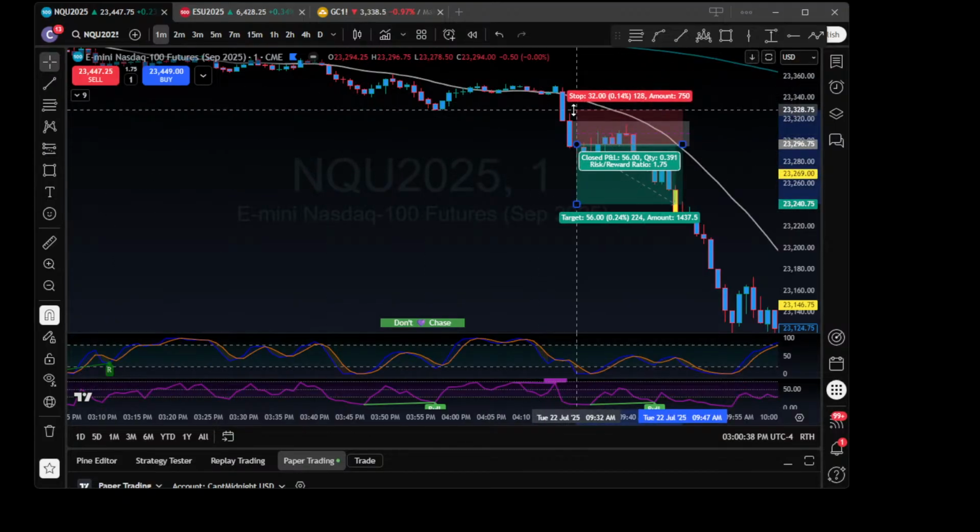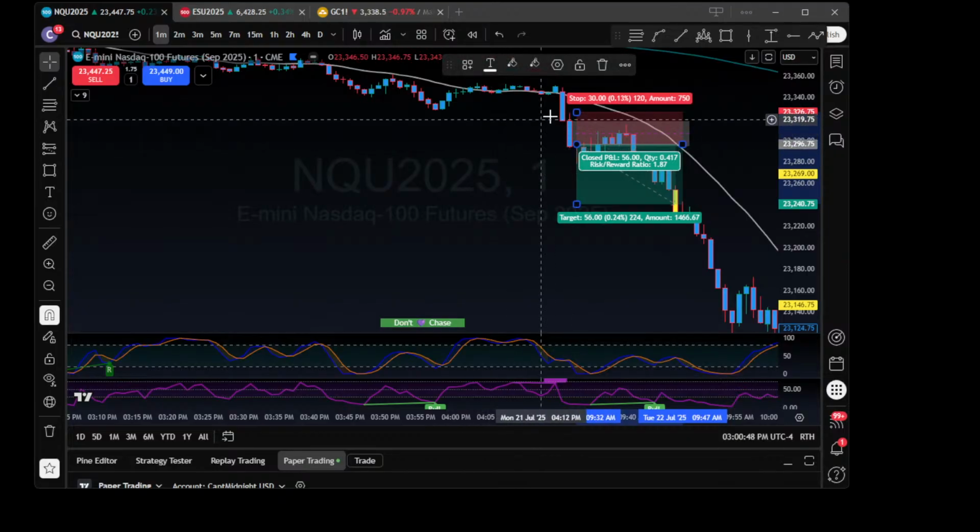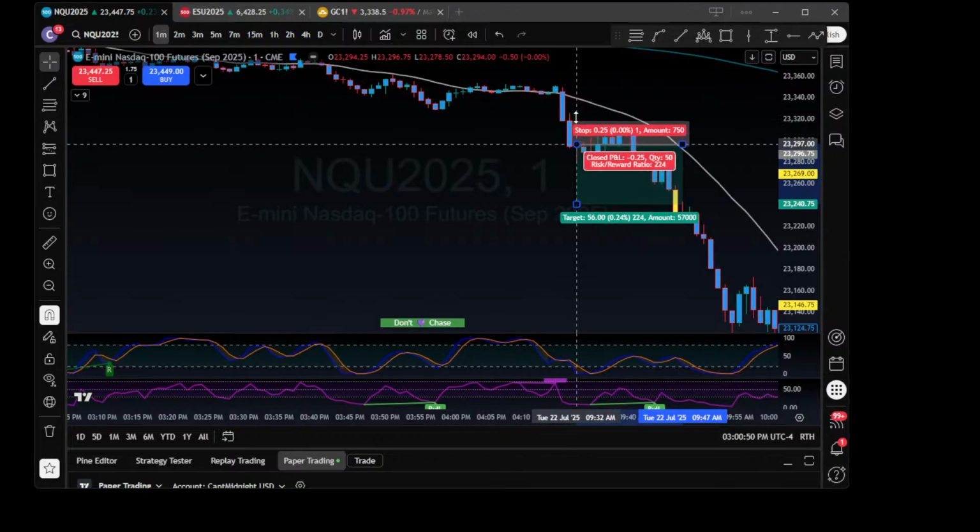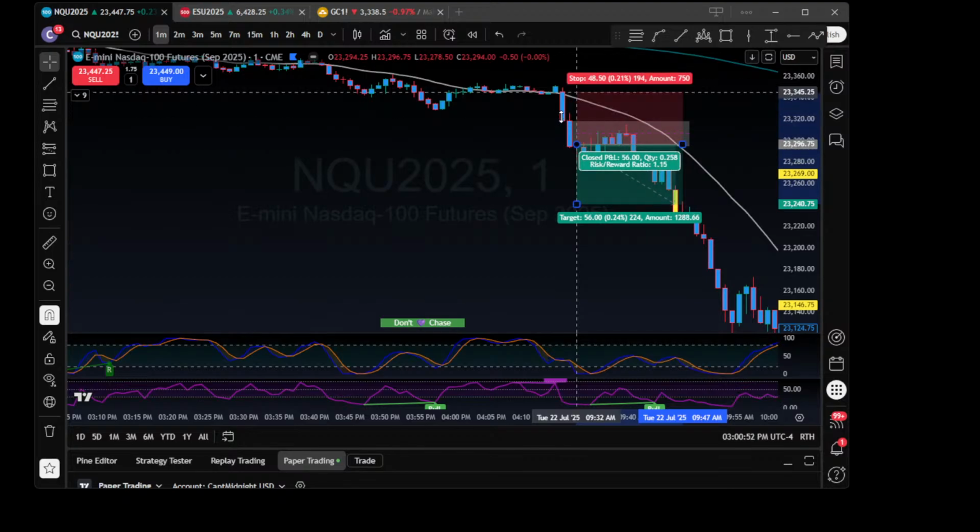If this is truly a breakaway gap, right? Then you can put it on there. The 120. Jesus Christ. I have to really size down for it.